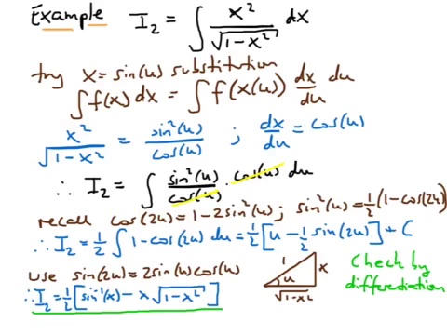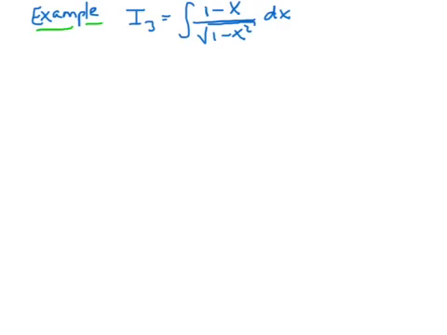So this final example is somewhat different to the previous two, but I think it's a useful thing to consider. The first thing to notice about it, after perhaps having seen this square root factor, is to look at the numerator. The numerator is a difference of terms, and whenever you have a sum or difference of terms in the numerator, what that really means is you have a sum or difference of integrals.